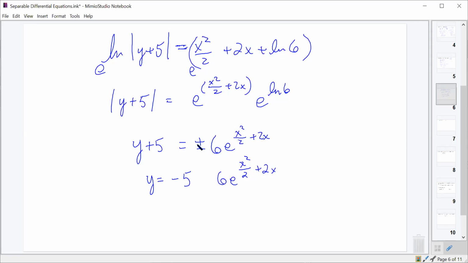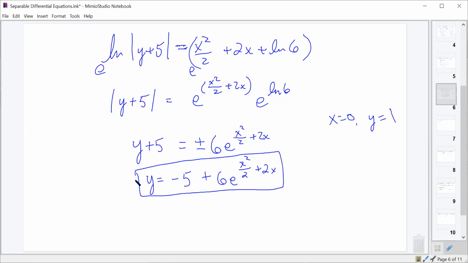Look at your given points. Our initial given condition was y is 1 when x is 0, right? So if x is 0, e to the 0 plus 0, that's just e to the 0, which is 1. So I've got -5 plus or minus 6 needs to give me 1. Well, -5 plus 6 gives me 1. -5 minus 6 does not give me 1.